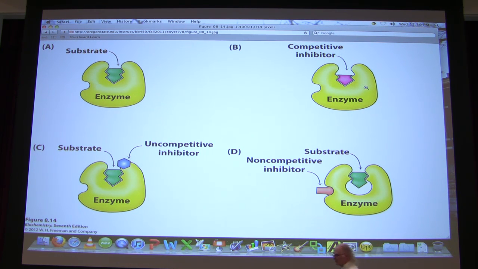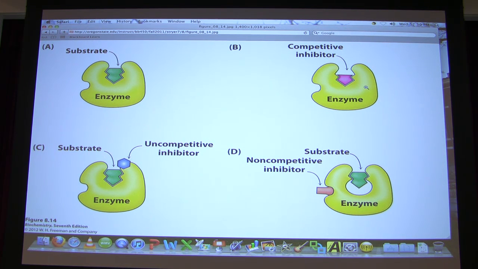The competitive inhibitor is a molecule that resembles the normal substrate, but it has something different about it. It's similar enough to the normal substrate that the enzyme binds it without even thinking about it. But when it binds it, it's just stuck there. It doesn't do anything on it, whereas in the case of the normal substrate, the enzyme catalyzes a reaction on it.